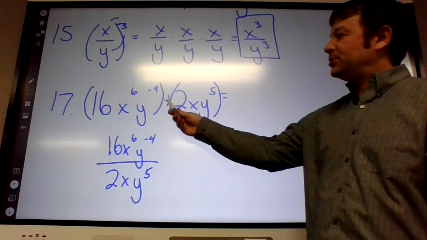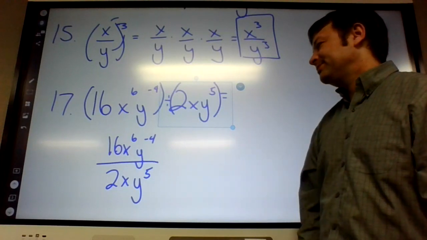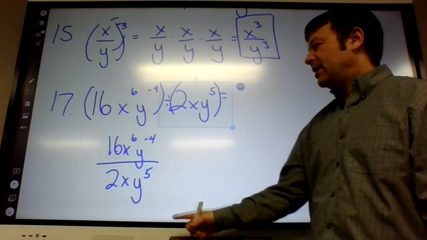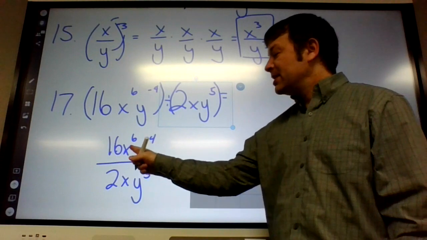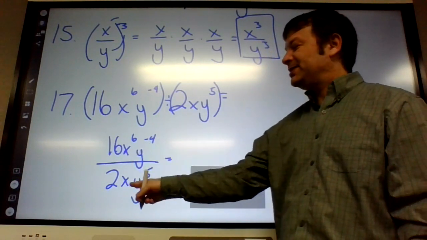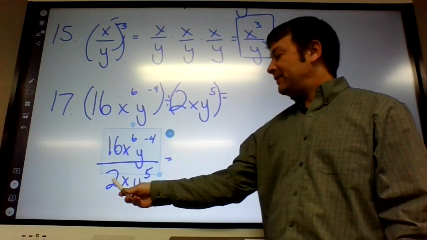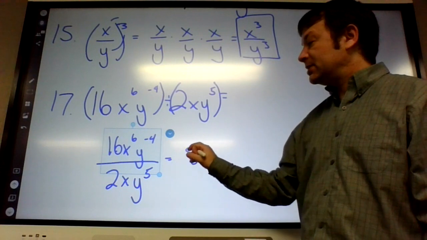Because of the order of operations, you should only divide the 2, not the x, unless you put it in parentheses. Anyways, okay, they screwed up a little bit. So this is usually an easier way to see the problem, kind of like the first. So it's 16 divided by 2 is 8.